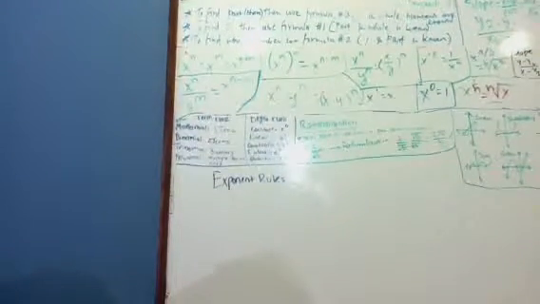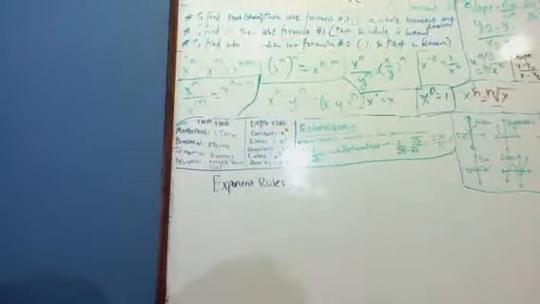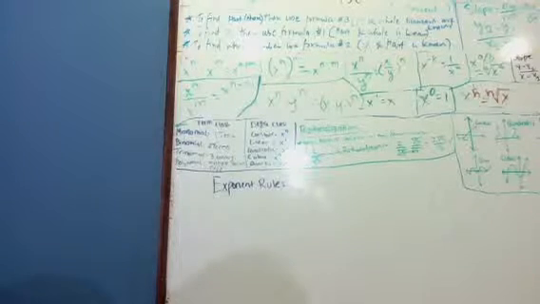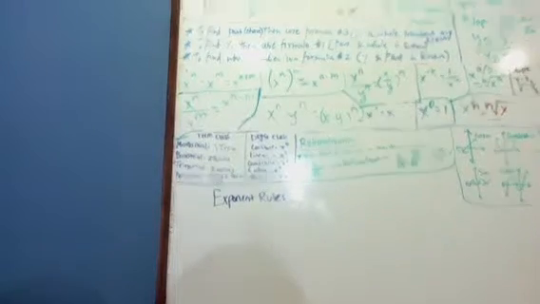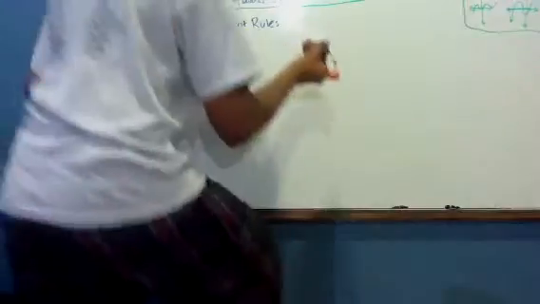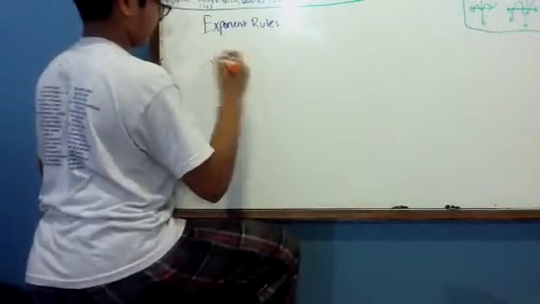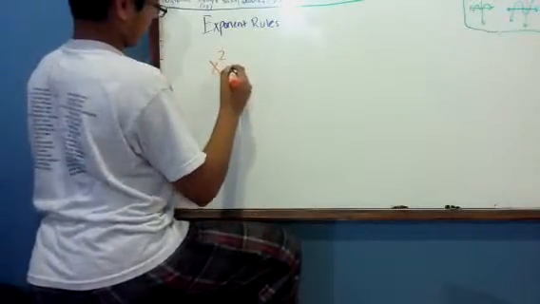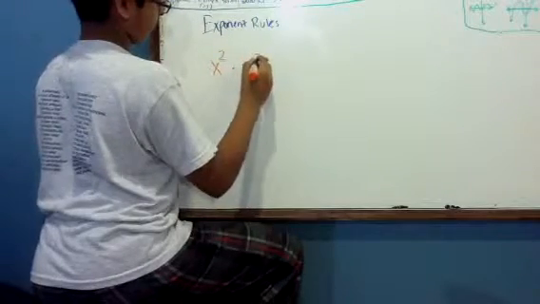Alright, gotta make sure you guys can see that. x to the power of n times x to the power of m equals x to the power of n plus m, okay? Let's do that. So x to the power of 2 times x to the power of 3.